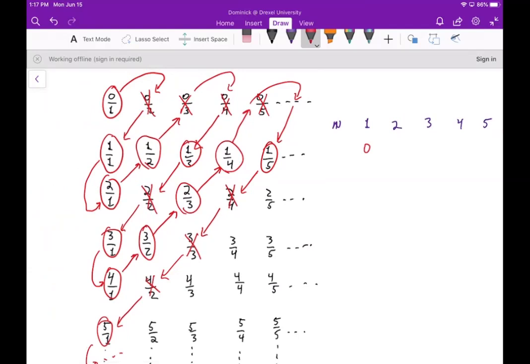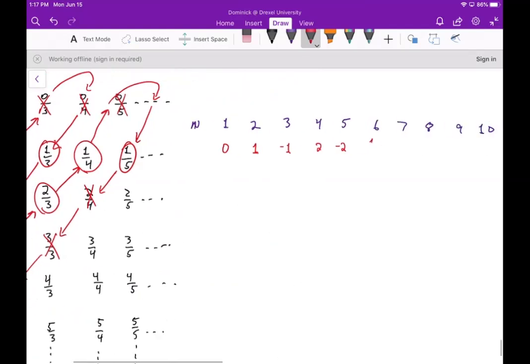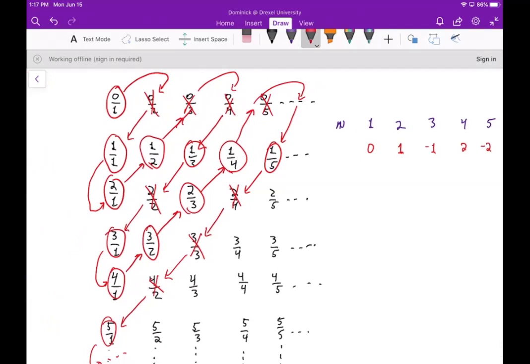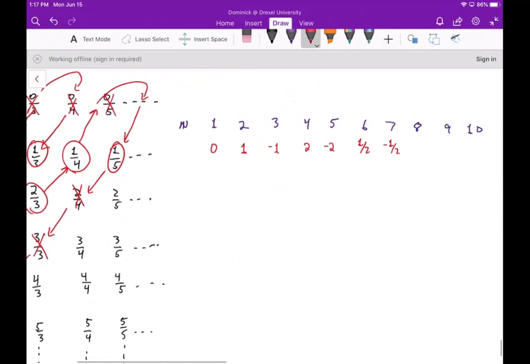And then it looks like the next number we came up with was 1. And anytime you mention a positive number, just mention its negative. So we have 1, -1. Then we have 2, -2. And then, so we're here now, right? Then I have 1/2. So I'd mention 1/2, -1/2. Then I have 0, 0 again, and then I get 1/3.